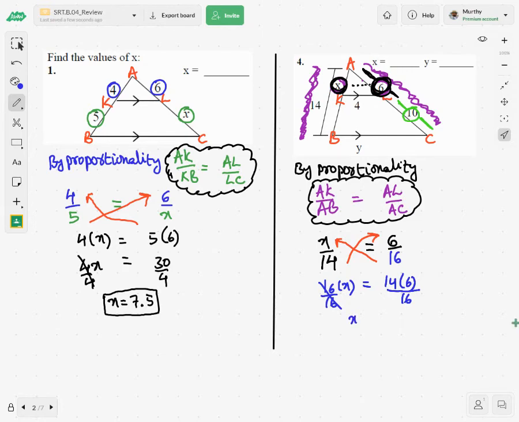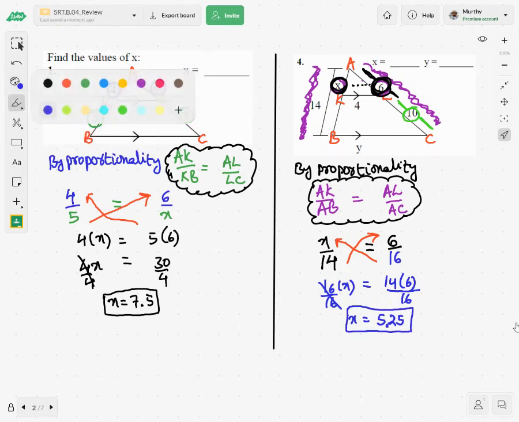So the value of x equals 5.25. Leaving the calculation aside, the important thing is, whatever proportion you take here may not be applicable to the other question, because based on the data, we change our strategy.